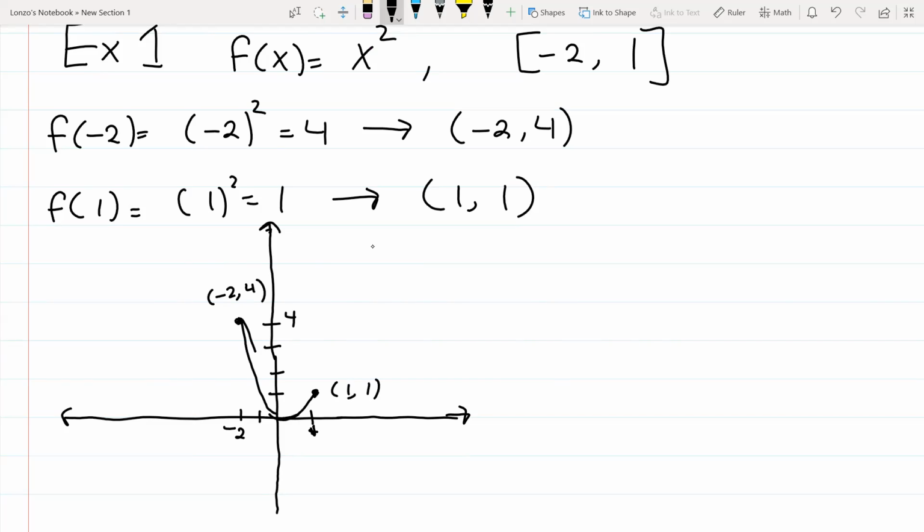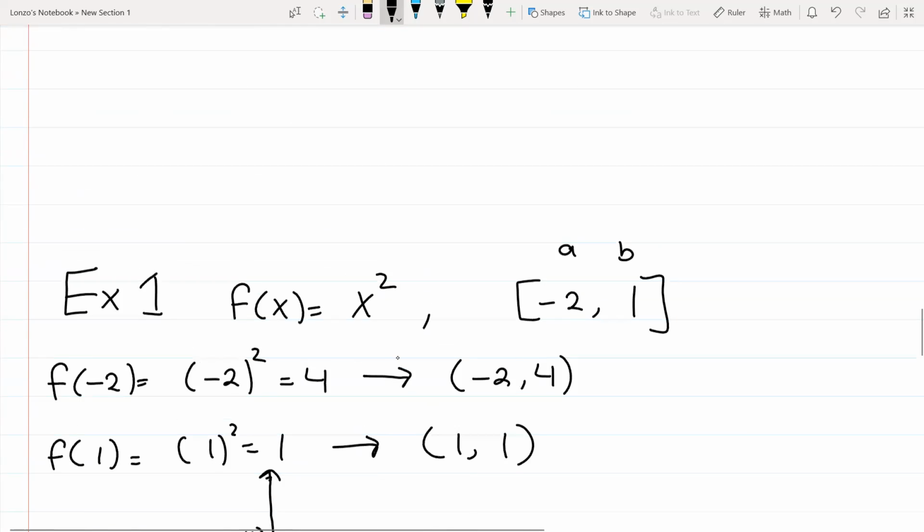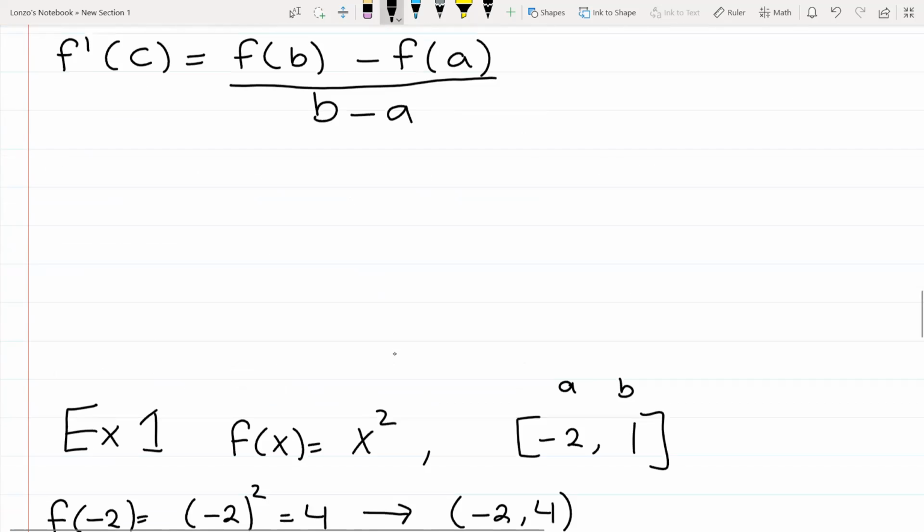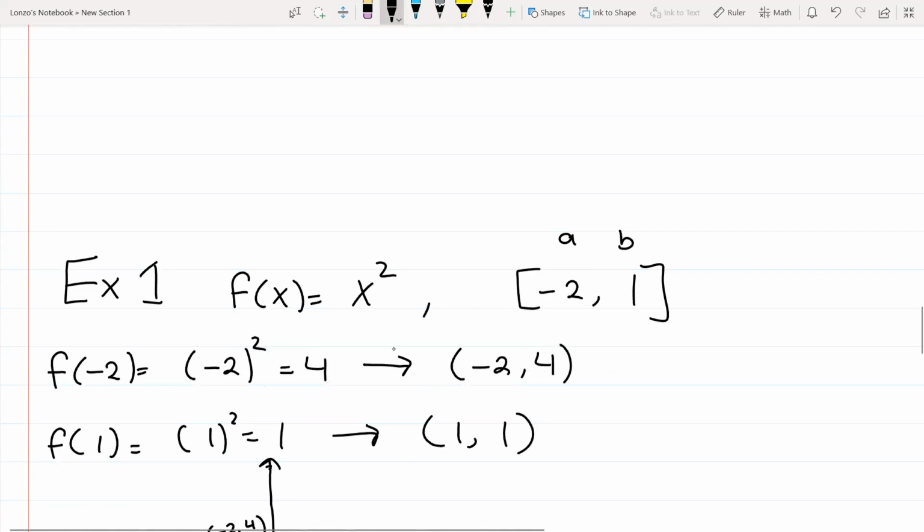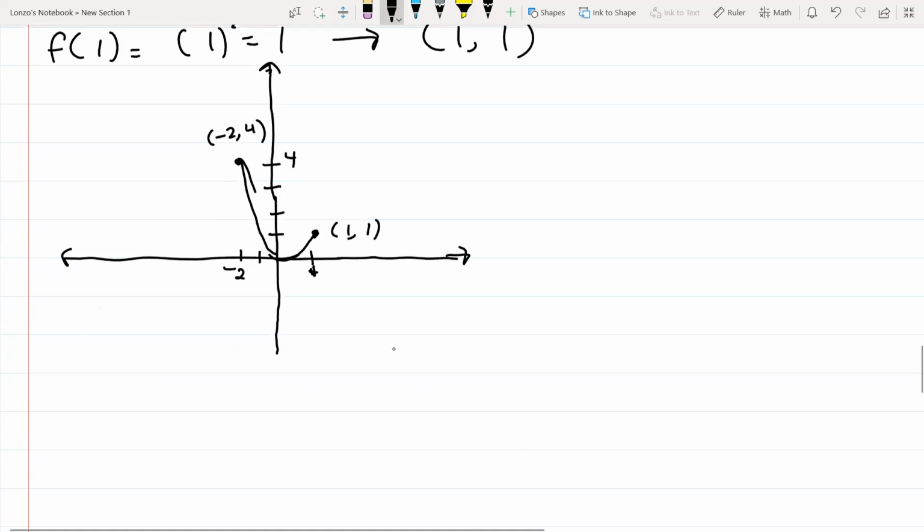So let's see if it actually satisfies the first two conditions. Is it continuous on the closed interval from a to b? Yes. If you look from -2 to 1, there are no open circles, and you're not lifting up your pencil, so it is continuous. And is it also differentiable from a to b?